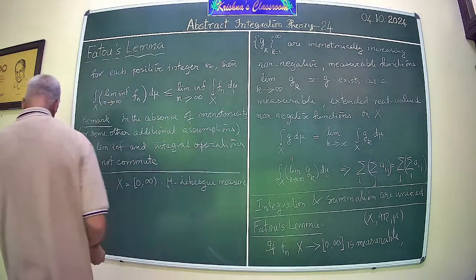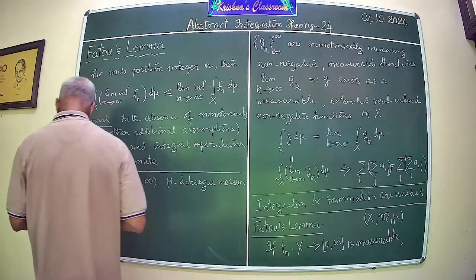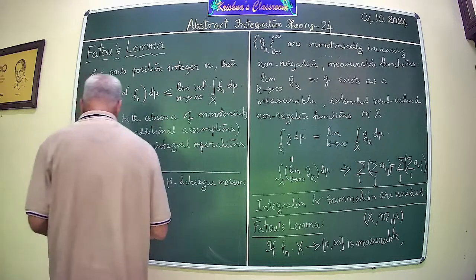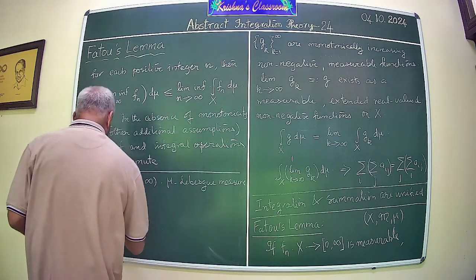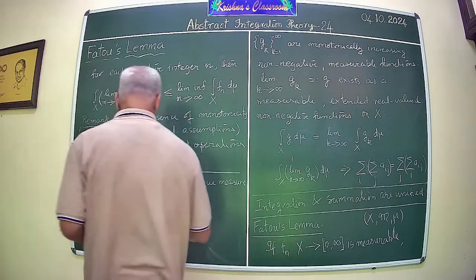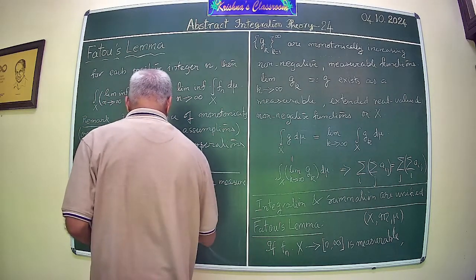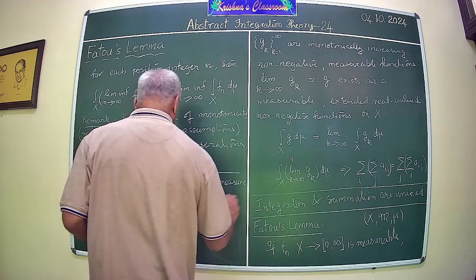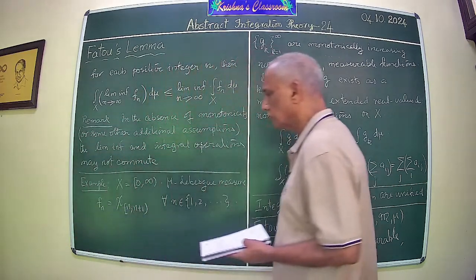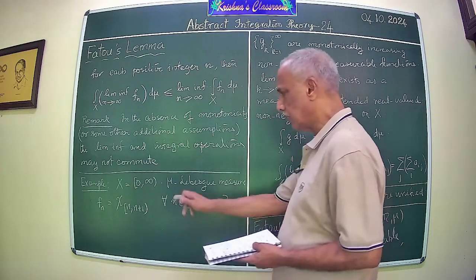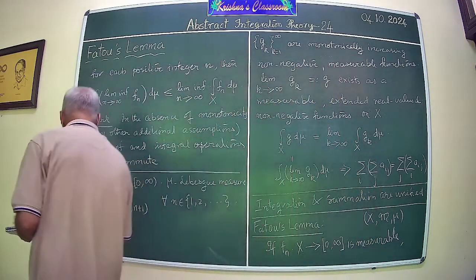Now we define f_n to be equal to chi of an interval. So what happens now? This f_n is not monotone.